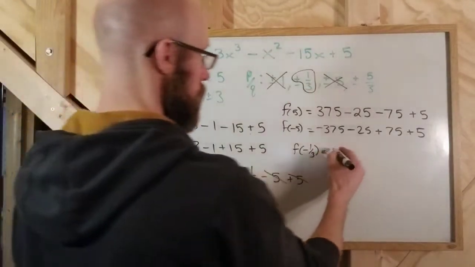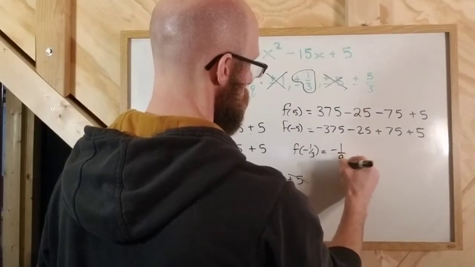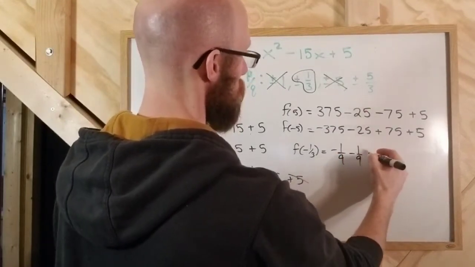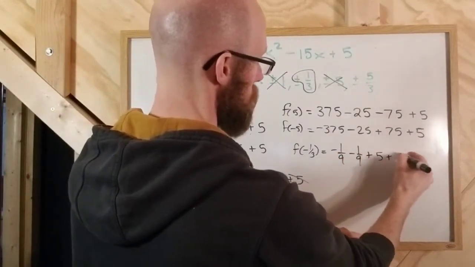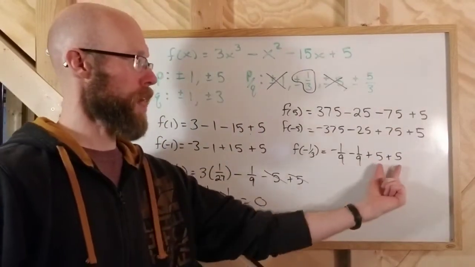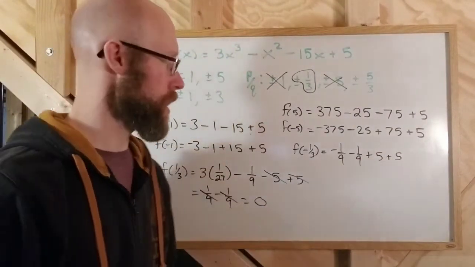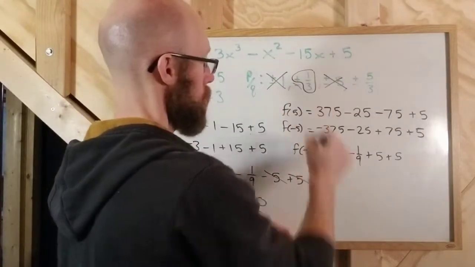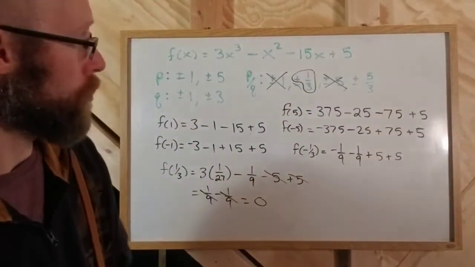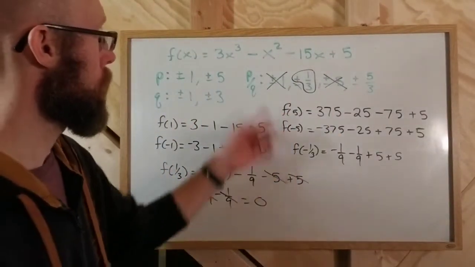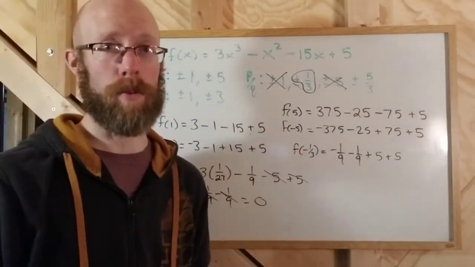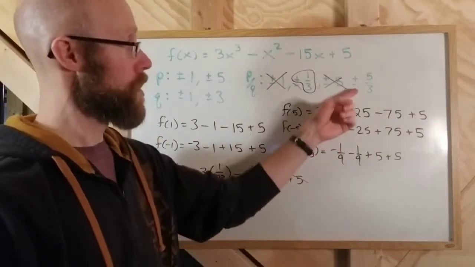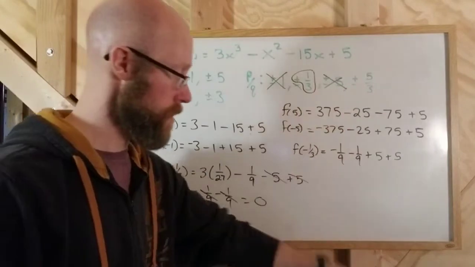So that would be negative 1/9 minus 1/9 plus 5 plus 5. Well, here the positives outweigh the negatives, so that one's not going to work. Okay, so I can get rid of that. Remember, I have as many as 3 possible rational zeros here, so there's only 2 left to try. Let's see if they work.